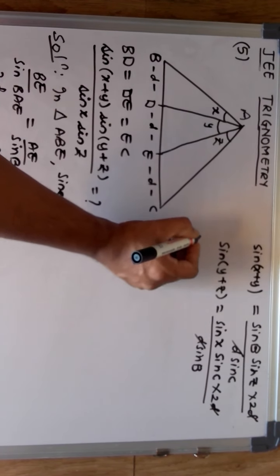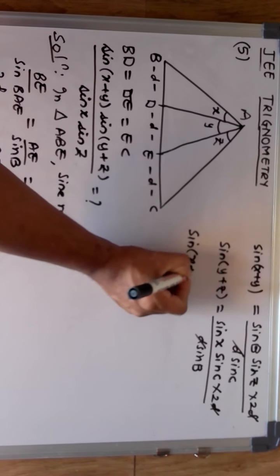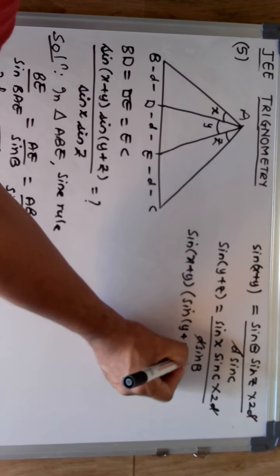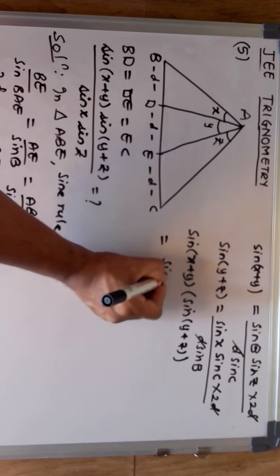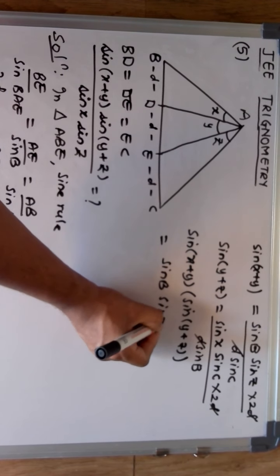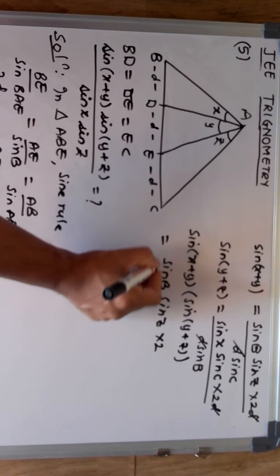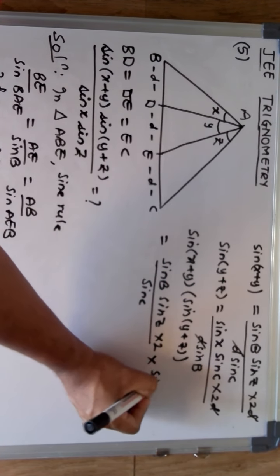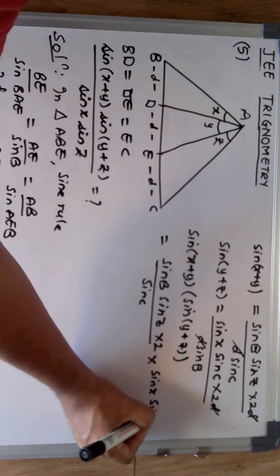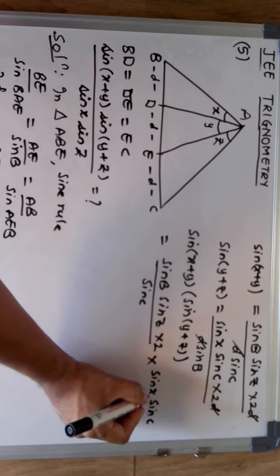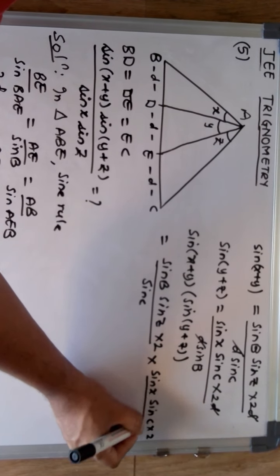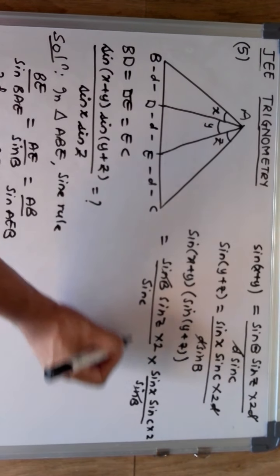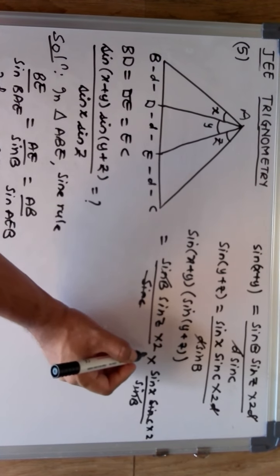So I get here sin x plus y into sin y plus z, that is equal to sin B sin Z into 2 upon sin C into sin x sin C into 2 upon sin B. So this sin B cancels, this sin C cancels.